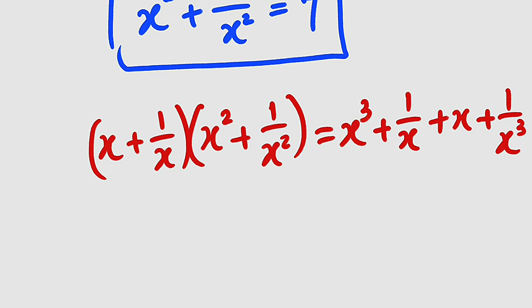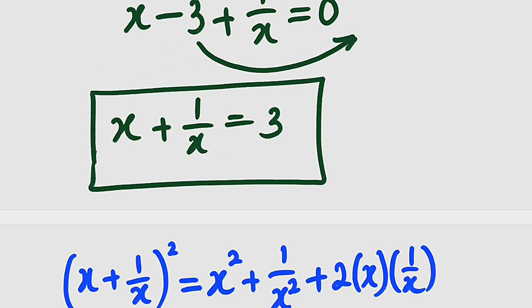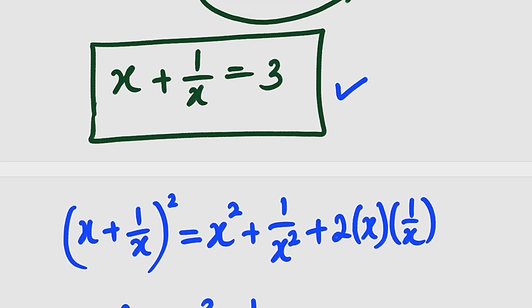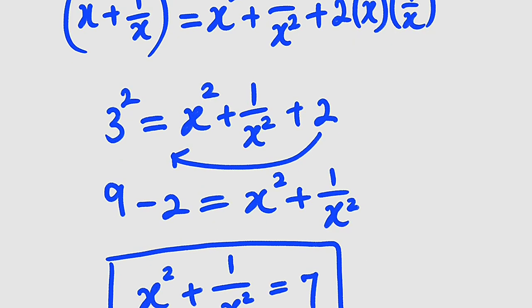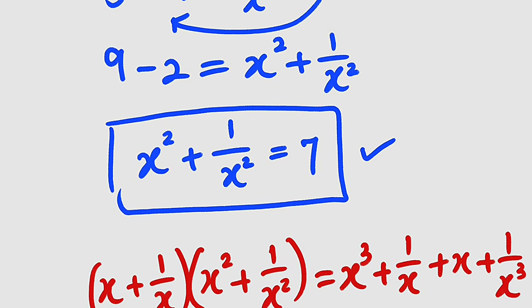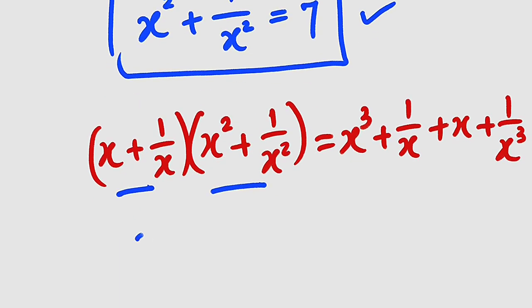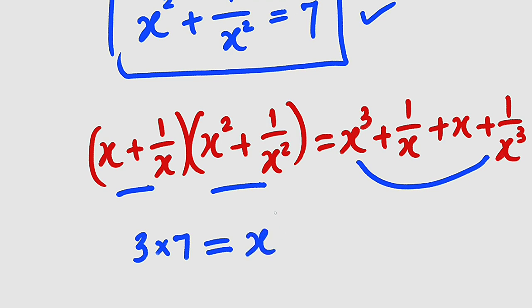Let's simplify. Remember that this is 3, this is 7 from these two equations. We have 3 here for x plus 1 divided by x, and we have 7 here for x squared plus 1 divided by x squared. So we have 3 multiplied by 7, which is equal to, I can group this and this together, x to the third power plus 1 divided by x to the third power.